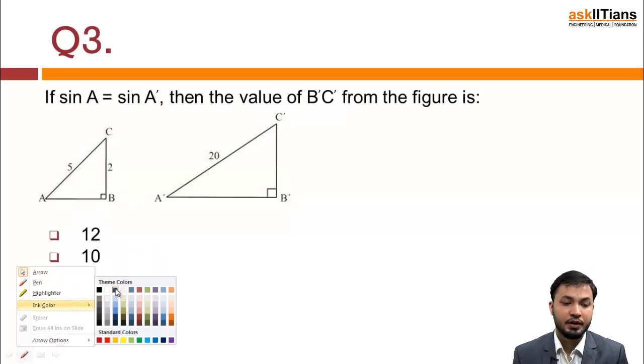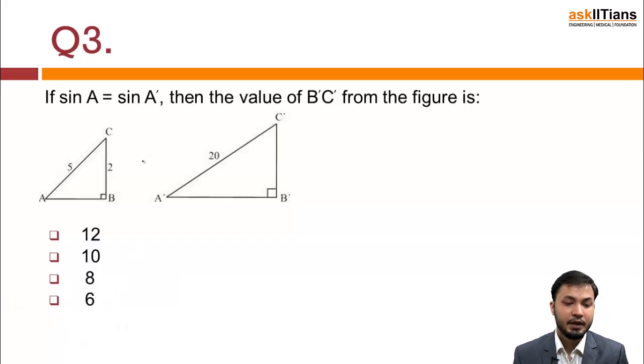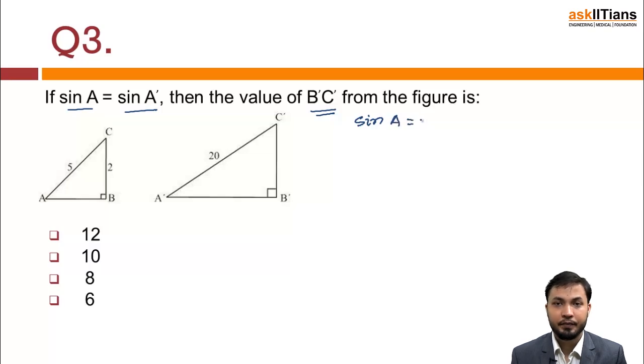Our third question here is an interesting one. Now it is given that sine A is equal to sine A dash. Then I need to find the value of B dash C dash. Now first of all, what is sine? Let's say some angle. Over here I have A. My sine A is perpendicular by hypotenuse, right?